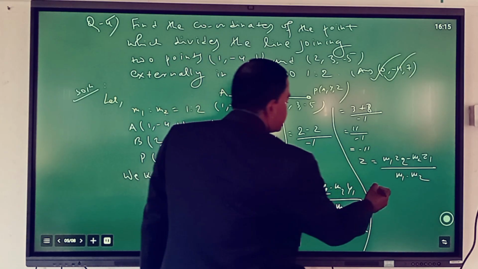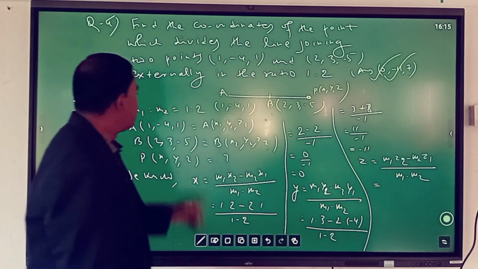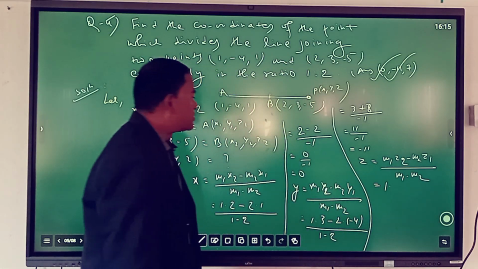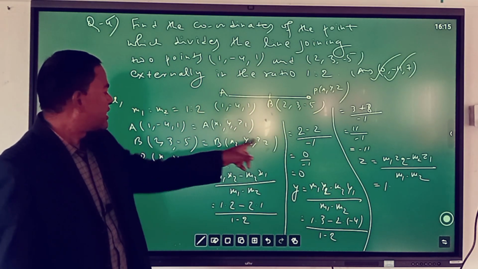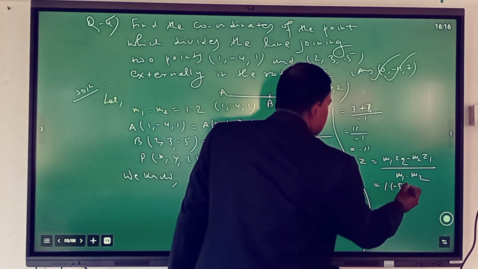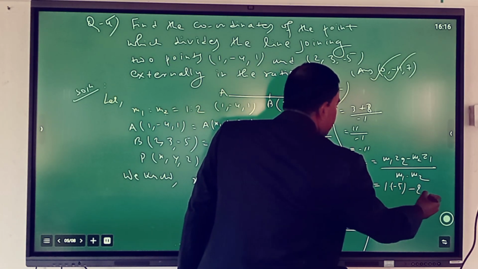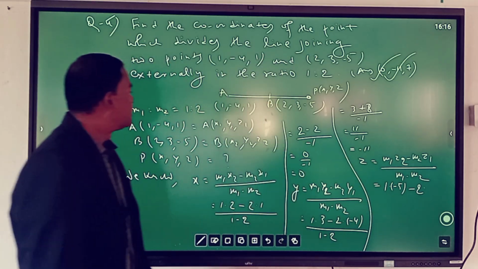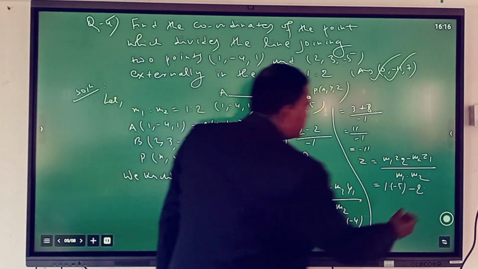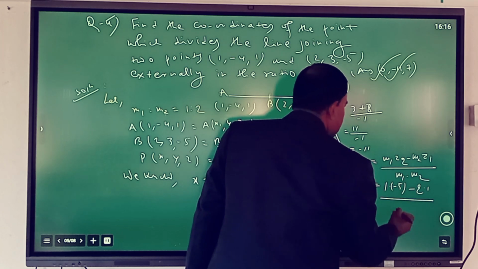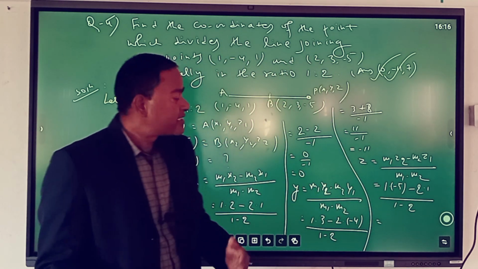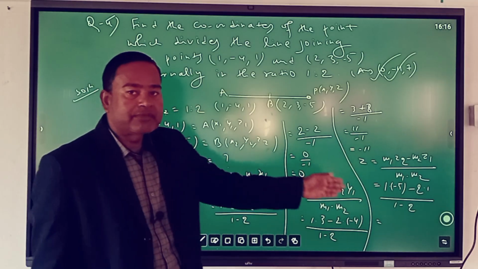Let's put the values. m1 means 1, z2, the value of z2 is minus 5, the value of m2 is 2 and the value of z1 is 1, divided by m1 minus m2, that means the value of m1 is 1 and m2 is 2.